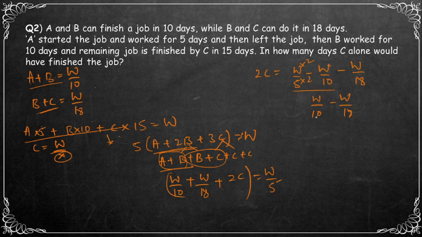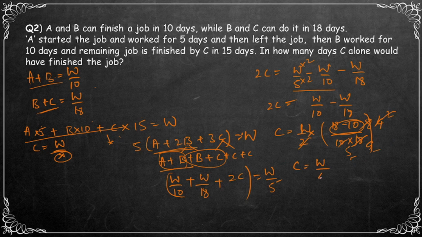Now C is equal to 1 by 2 of W into 1 by 10 minus 1 by 18. So 18 minus 10 divided by 10 into 18. So this is 8. Cancelling, we get 5 into 9. C is equal to W by 45.